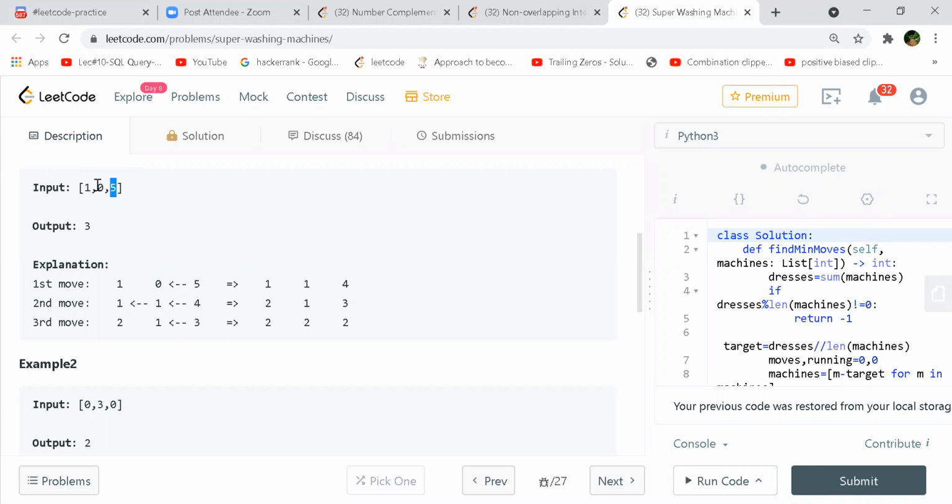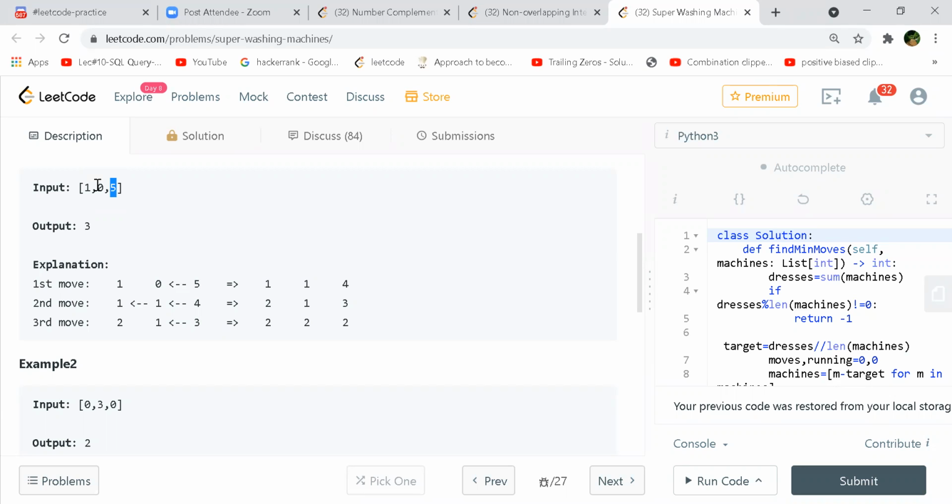You can say BFS also in very layman language. I don't understand BFS, but that's fine. One thing is that at a time you can only shift one dress to its adjacent machine, no? So it will keep continuing. And as you said, take the sum of all the dresses and divide by the number of machines.